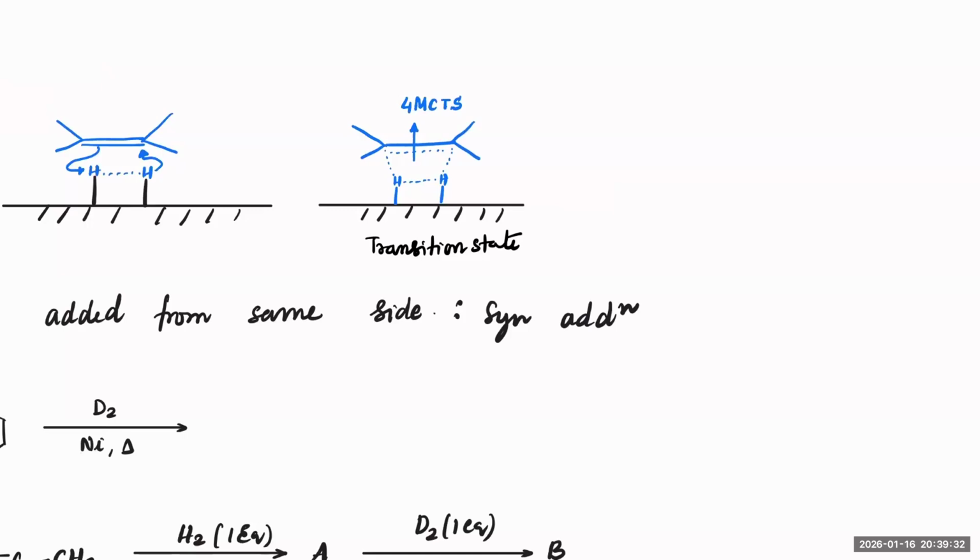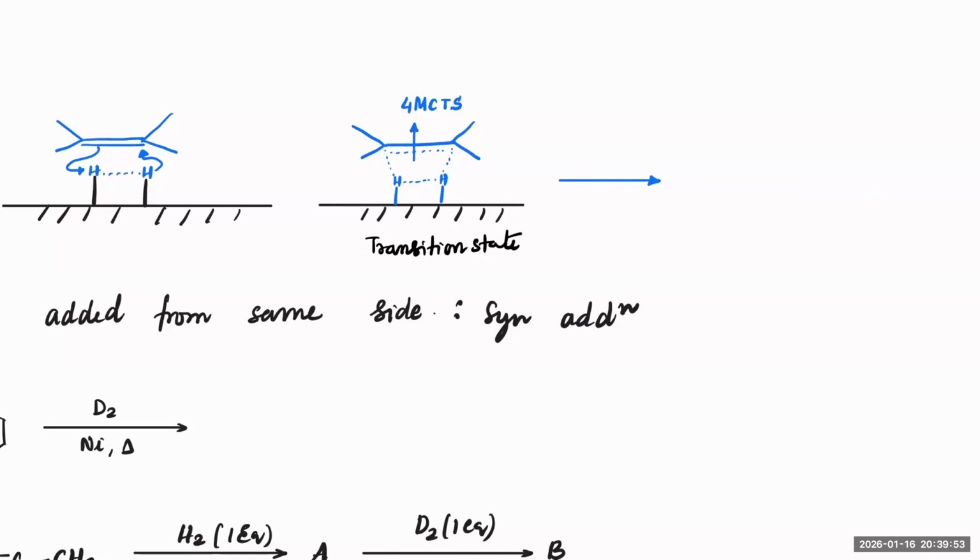And this makes hydrogens add from the same direction. See, what I'm trying to say is a double bond is planar, correct? A double bond is a planar surface like this. On this planar surface, both the hydrogens are adding from the bottom or from the top. Got it?